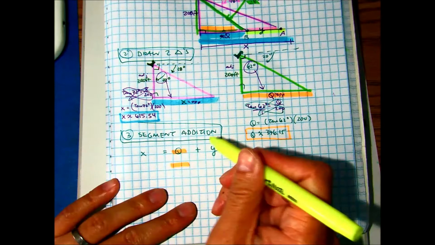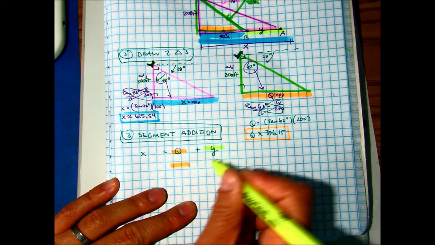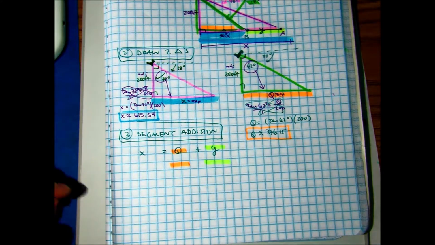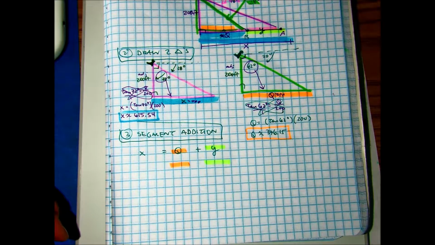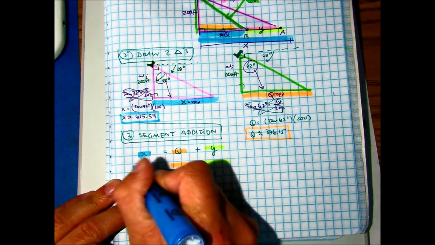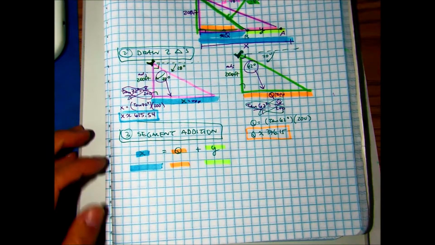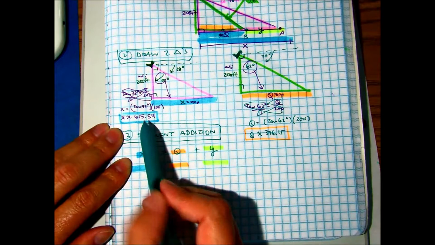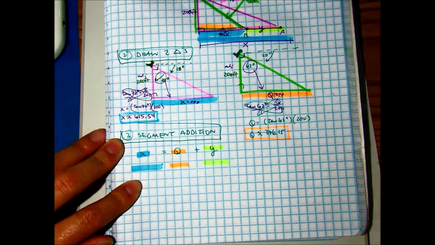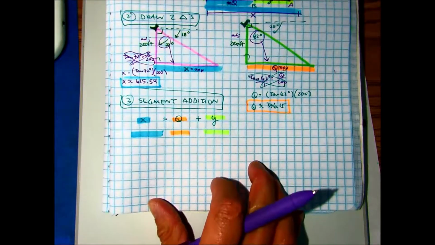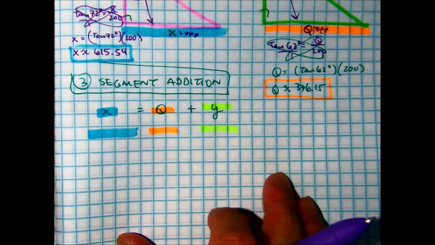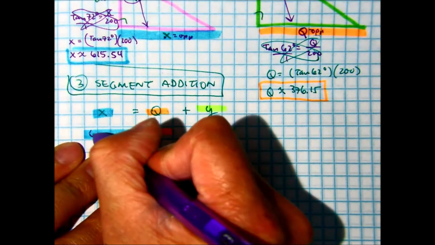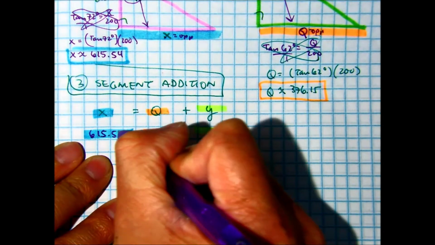And my X is in blue. So now let's just substitute in the information. Our X is 615.54. My Q is 376.15.